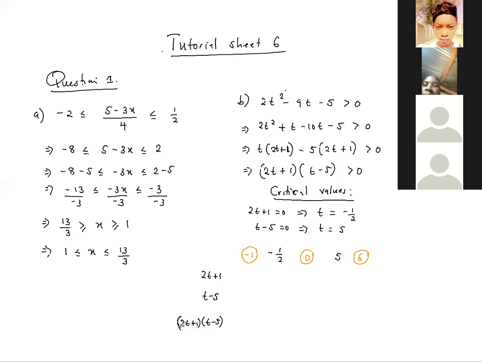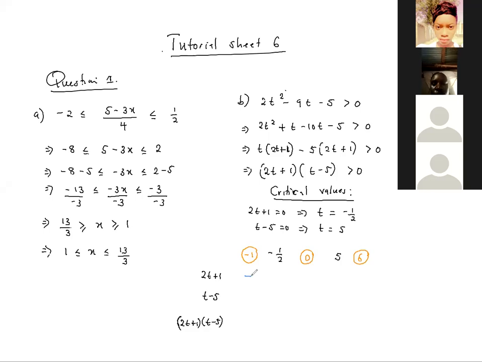So we're interested in the signs now. When you substitute negative 1 in 2t plus 1, you're going to have 2 by negative 1 plus 1, so you get a negative 1. You get only the negative because you can choose to use different numbers, but the interest is in what sign you are going to have. Is it greater or less than 0?